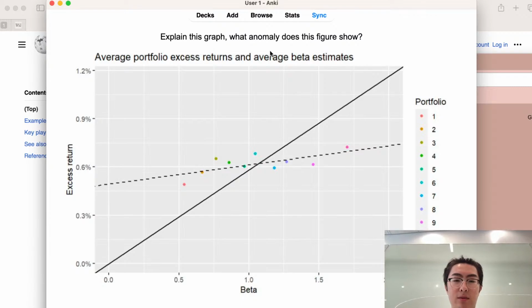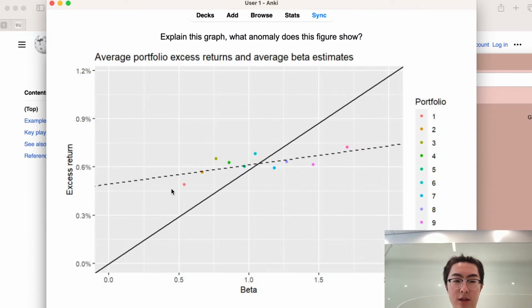Explain this graph. What anomaly does this figure show? Okay, so let's take a look here. Title is average portfolio excess returns and average beta estimates. We have excess returns and beta on the x and y axis.